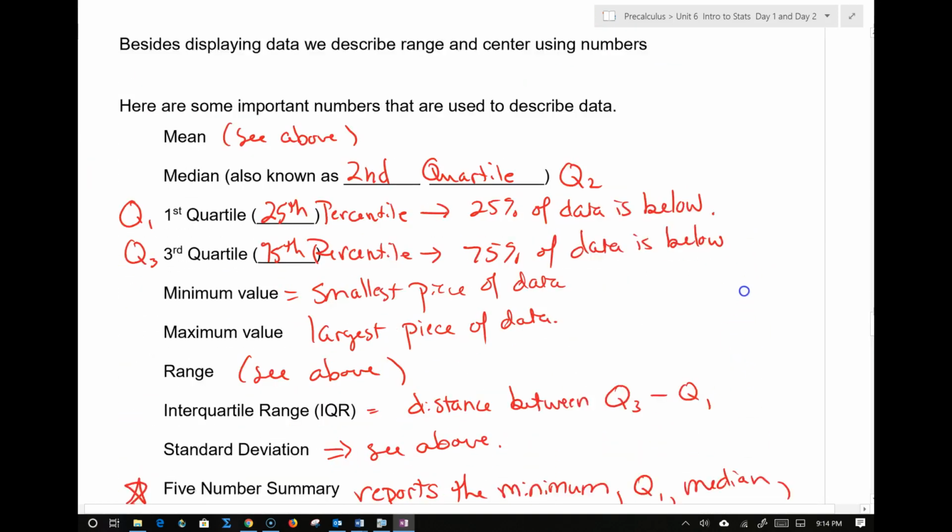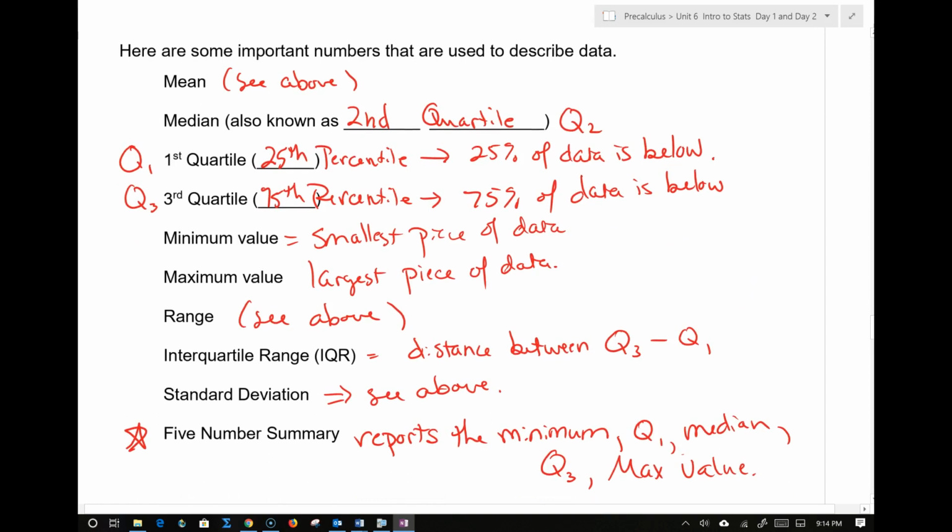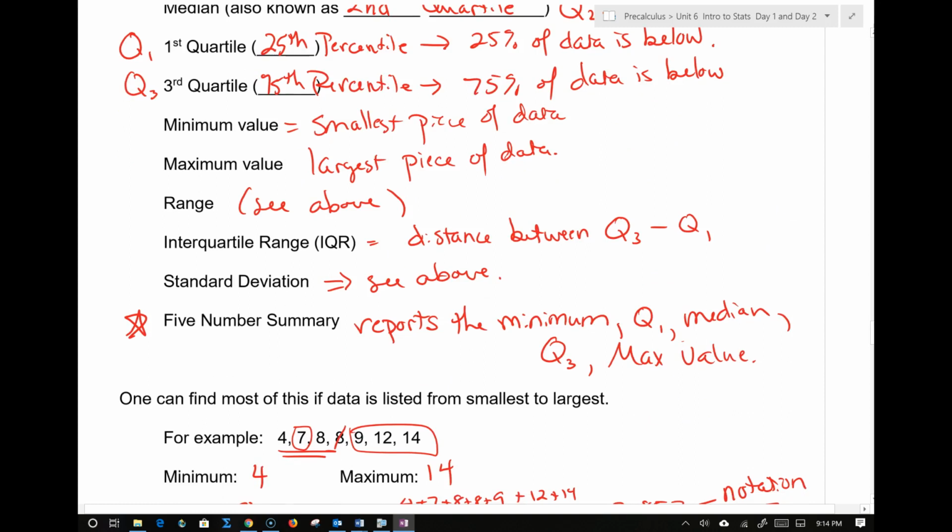Then we ended with the 5-number summary. A 5-number summary always reports the minimum value, the maximum value, the first and third quartile, and the median. So basically it divides your data up into quarters. It's the start and the end, and where your middle 25% and 75th percentile are.